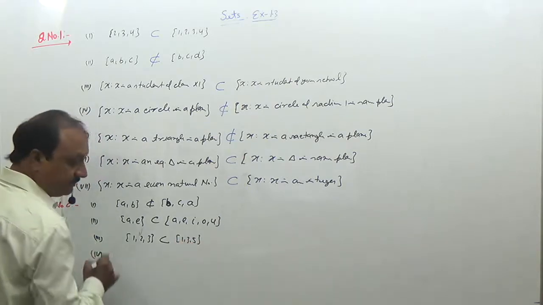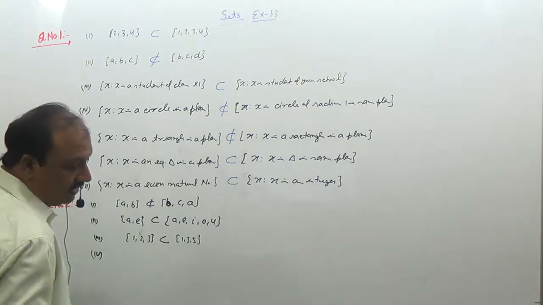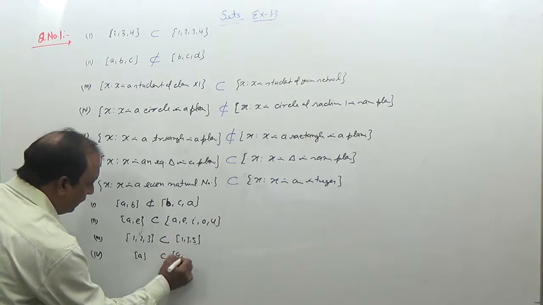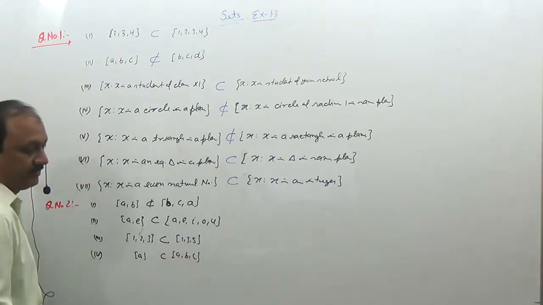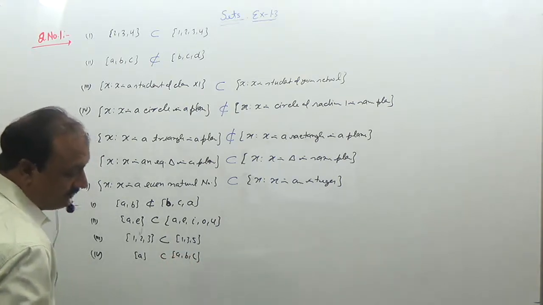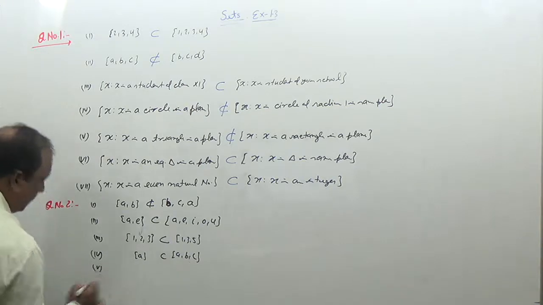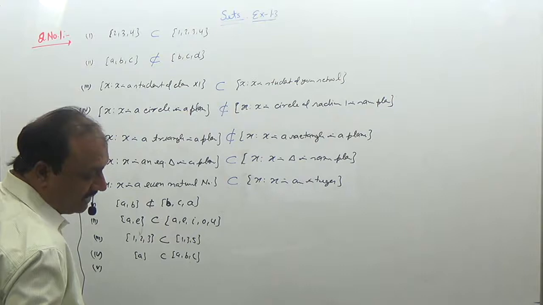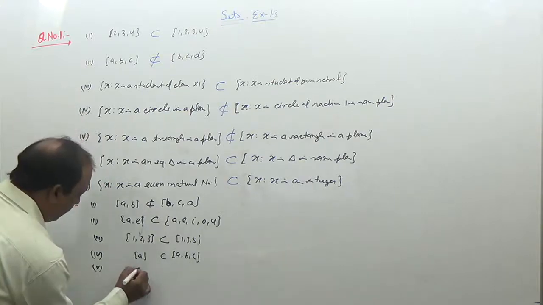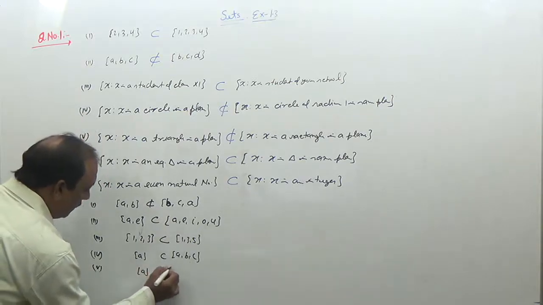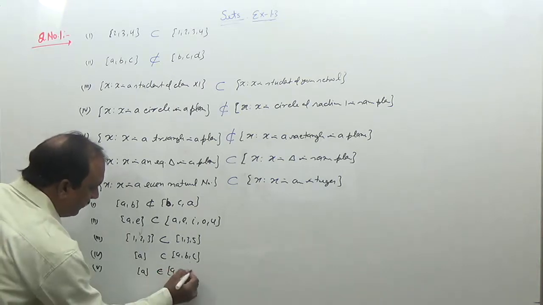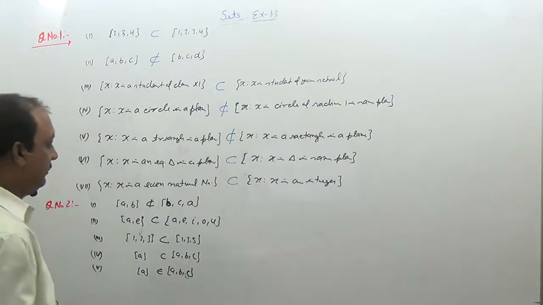Fourth part is a set of element A is a subset of the set A, B, C. And fifth part is a set of element A belongs to a set of elements A, B, C.